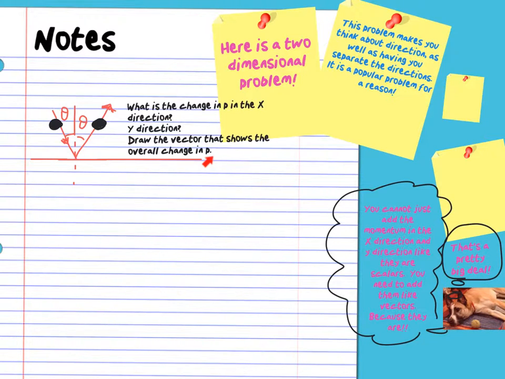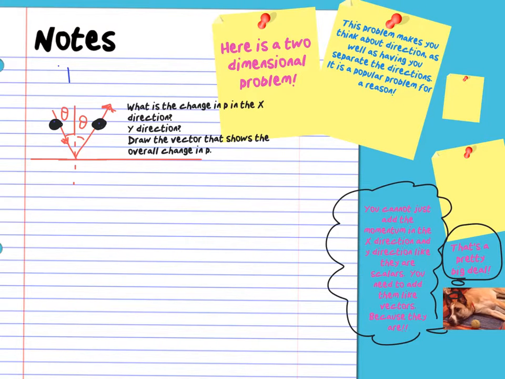All right. So if we were to draw the momentum vector of the ball at the beginning, this is the initial, and this is the final. If we were to draw that, that would be the direction that the velocity is in, right?